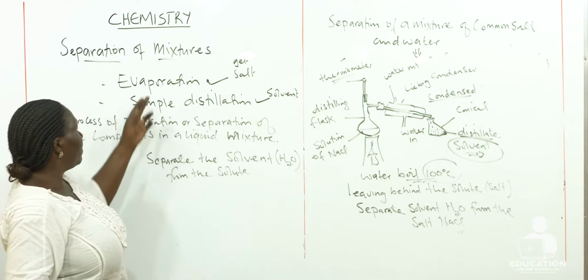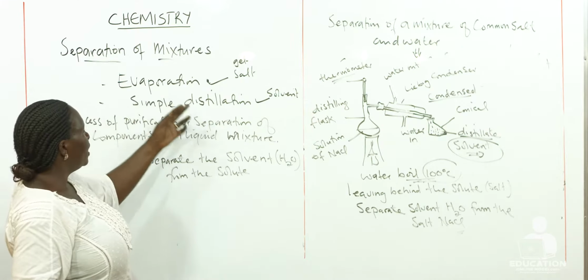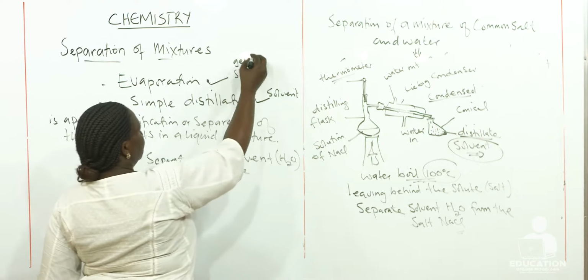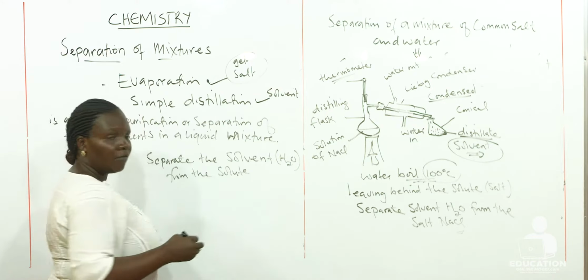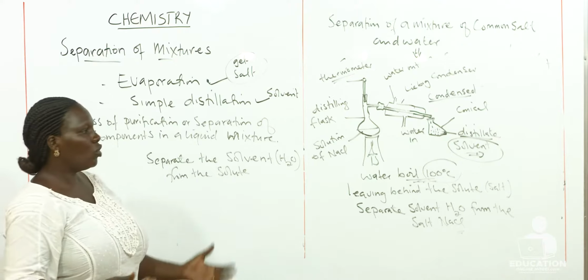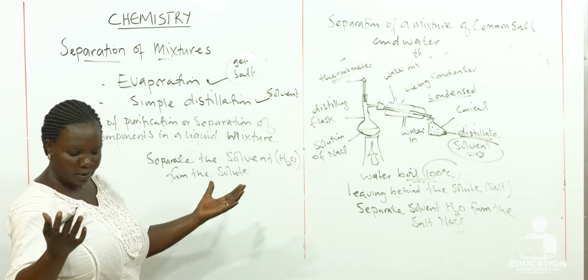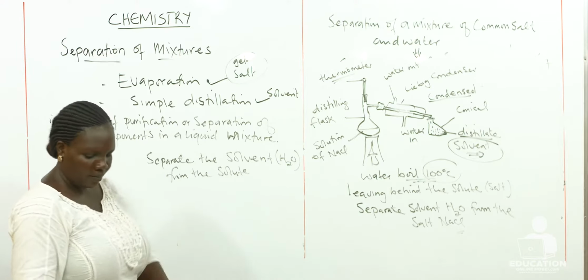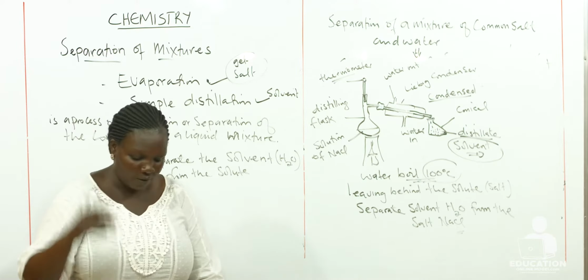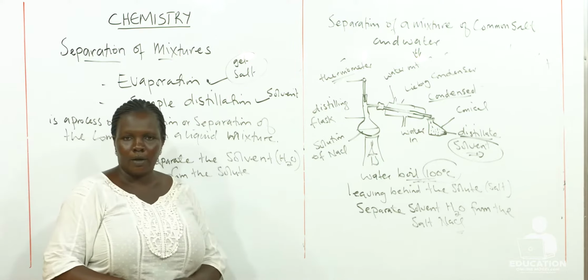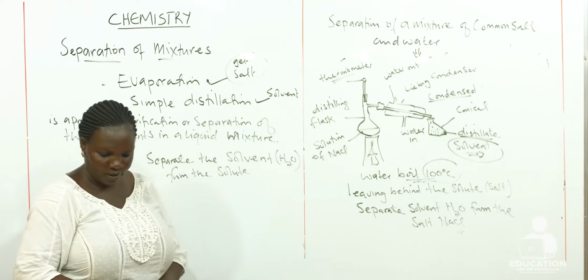And then in evaporation, the aim is to get the solute, that is the salt, from the water. So we boil the solution in an open container so that the water evaporates into the space, leaving behind the solute.